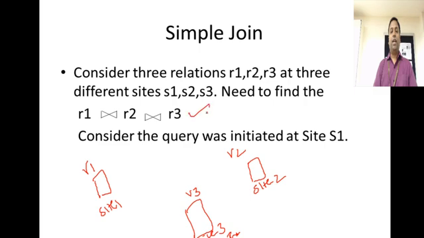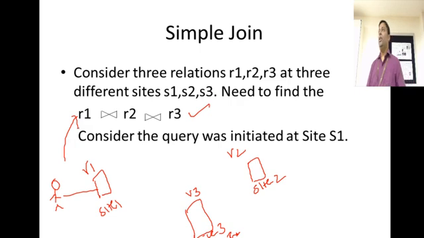The condition is I want to make a join of R1, R2, R3 and get the output. Who is raising the query? Say a user in the US, accessing your application, is raising this query. I need a join of relations R1, R2 and R3 from site S1. So what are the strategies you can think of?